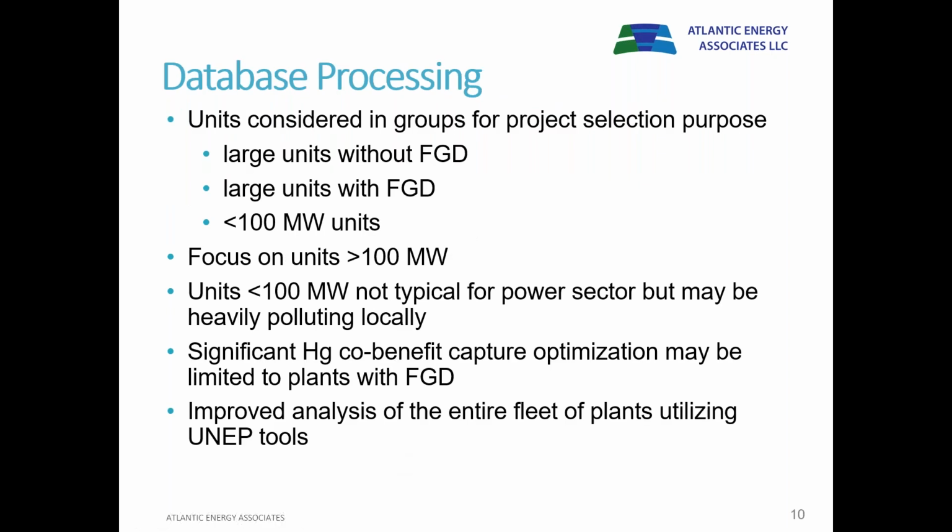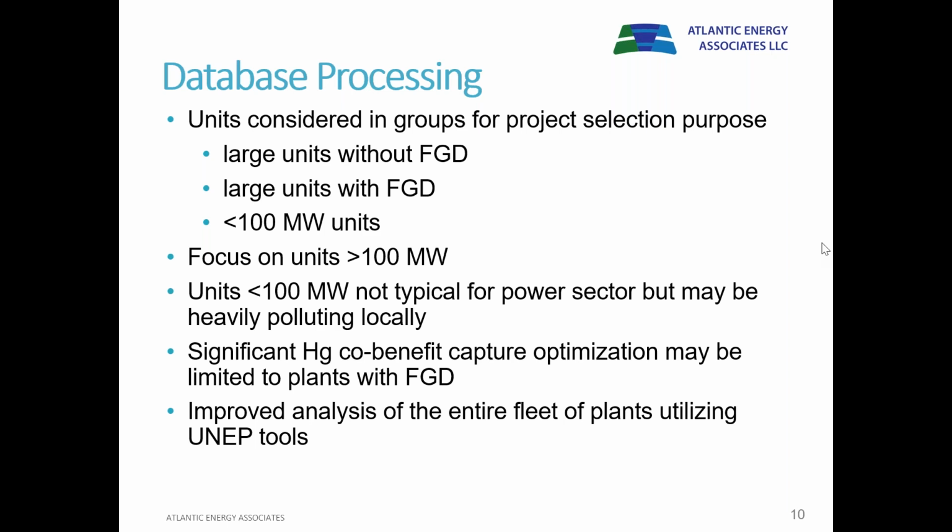So now let me spend a little bit of time describing database processing and selection criteria for phase 2. We started with a huge number of units in our database, so we divided this data set into 3 subsets. Large units without flue gas desulfurization, which was the majority of units in the database.